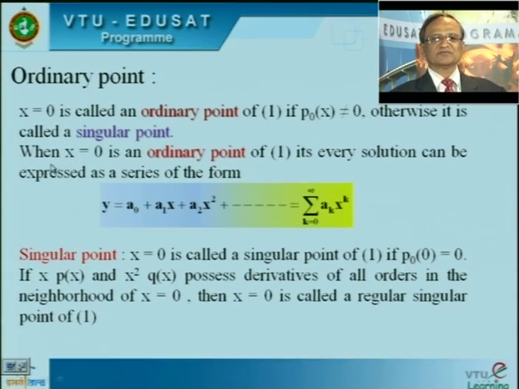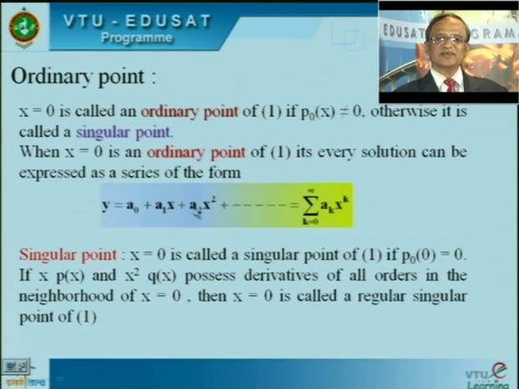Now, assume that I have verified x is equal to 0 is an ordinary point of the given differential equation. Its every solution can be expressed as a series of the following form. I will assume the solution of the given equation is: first term a naught, plus a1 into x, plus a2 into x to the power 2, a3 into x to the power 3, a4 into x to the power 4, and so on.